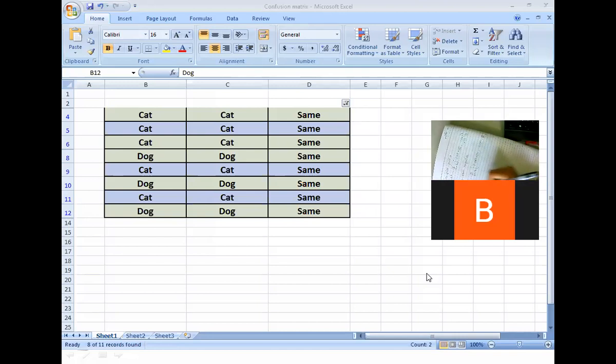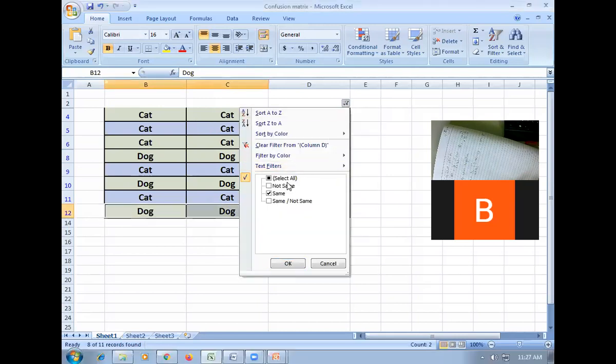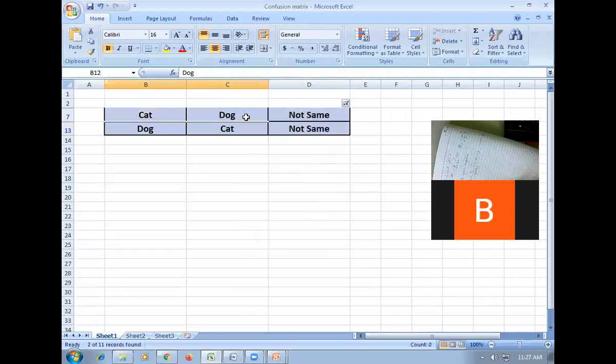Now we have to calculate the values of FP and FN. How can we calculate them? दोनों क्लास सेम नहीं है. ठीक है. Now here, गलती से positive means the predicted class is positive and actual is negative.